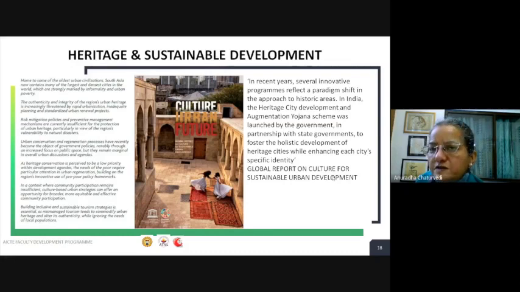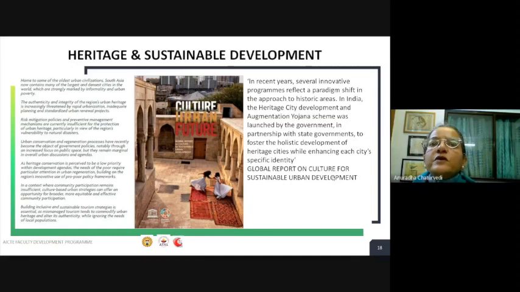So this was identified as a program which tried to ensure that the heritage resources were taken into consideration as far as sustainable development planning for certain historic cities was concerned.